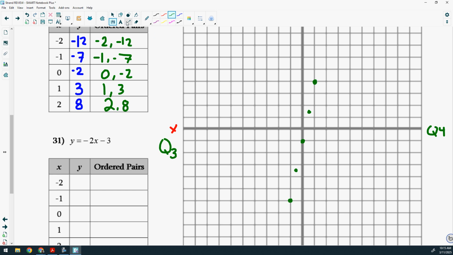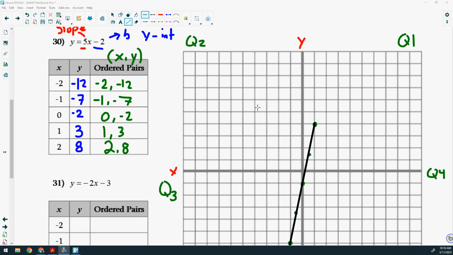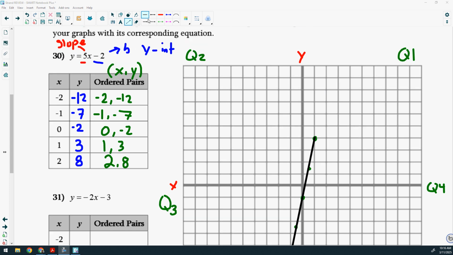And then you draw your line. Okay, so that's how we would draw question 30. So this is Q30.